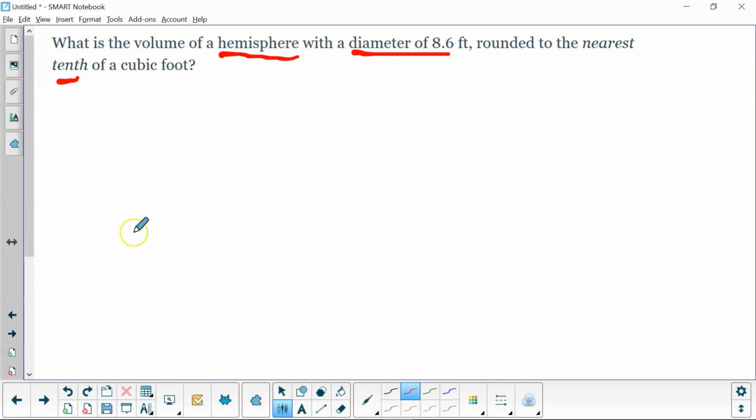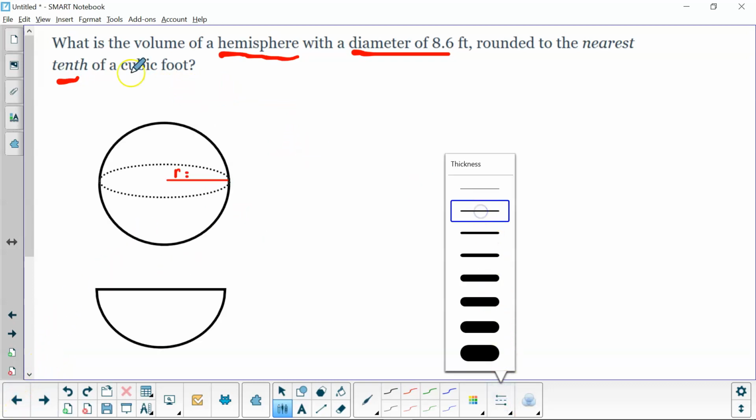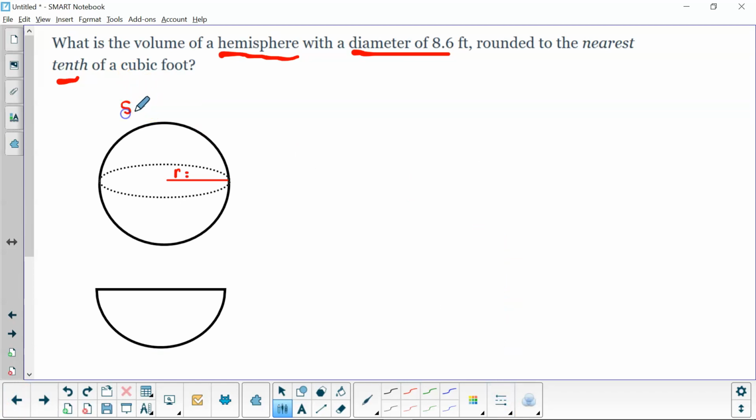So let me put some diagrams up here and let's discuss what we have going on. Here we have a sphere, which I like to think of in a weird way as a three-dimensional circle, right? And here we have a hemisphere.